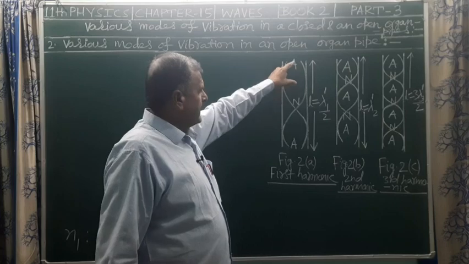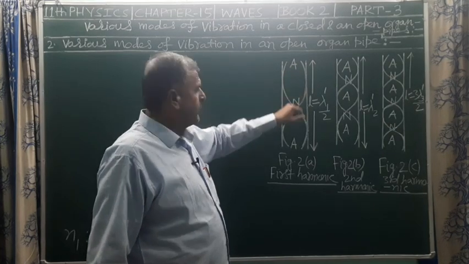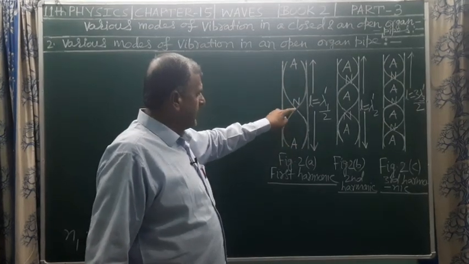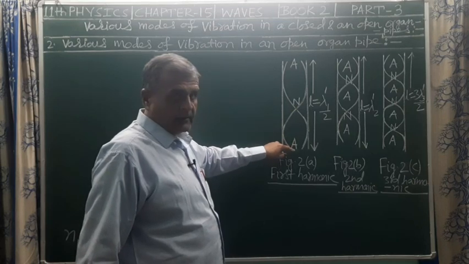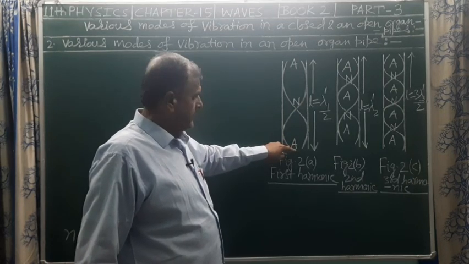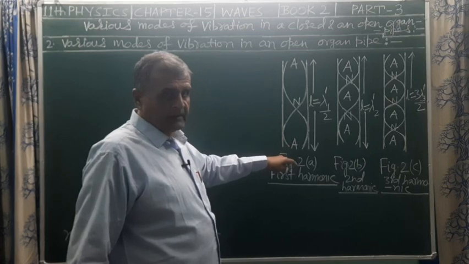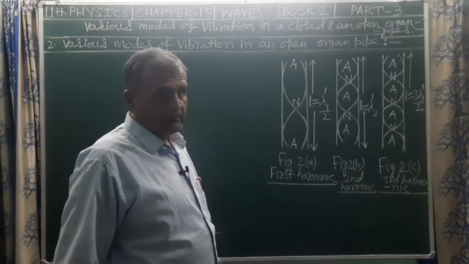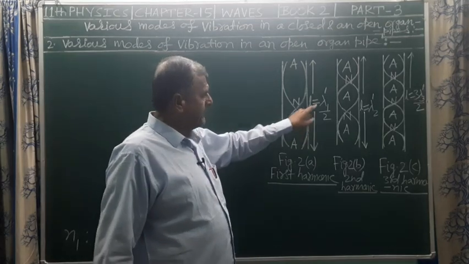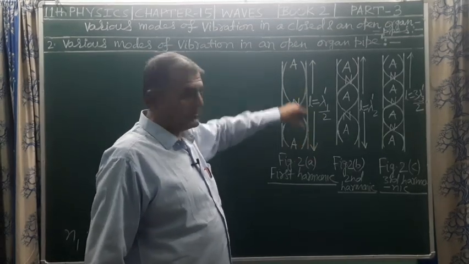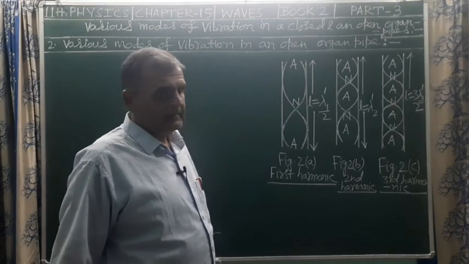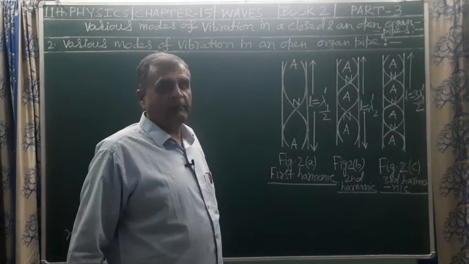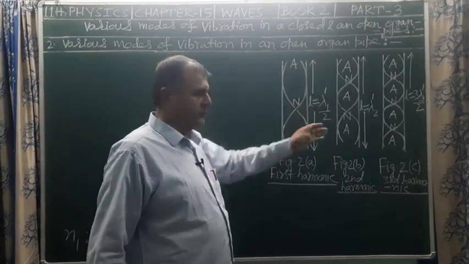And again distance between node in the middle and antinode at the lower end in this figure, that is the first open end of the open organ pipe, is again lambda 1 dash by 4. So total length of the tube is in this case lambda 1 dash by 4 plus lambda 1 dash by 4, that is lambda 1 dash upon 2.